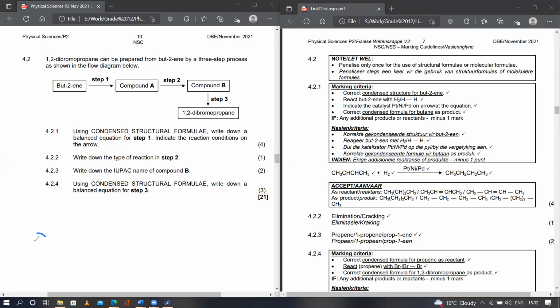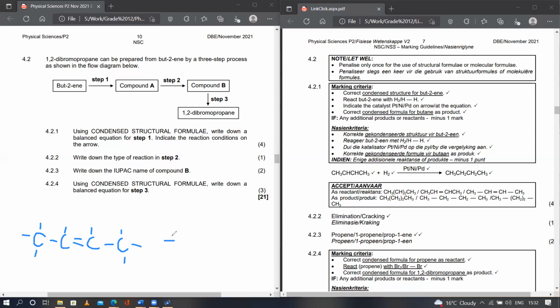So you're gonna have 1 carbon, 2 carbon, and you're gonna have a double bond here to your 3rd carbon. So hydrogen, hydrogen, hydrogen, hydrogen, another hydrogen, hydrogen, hydrogen, hydrogen.